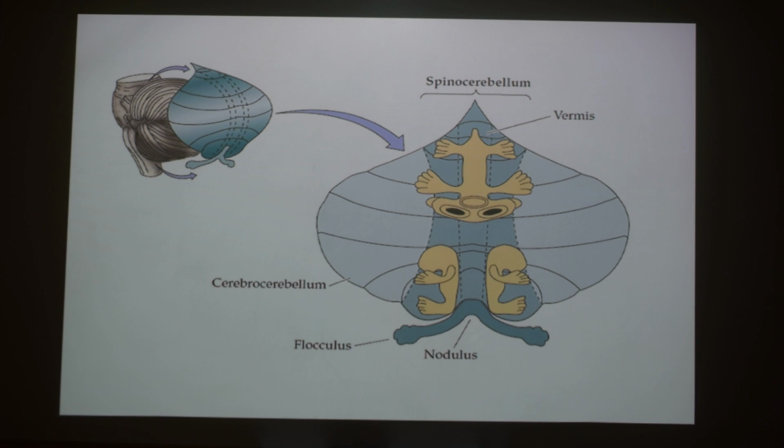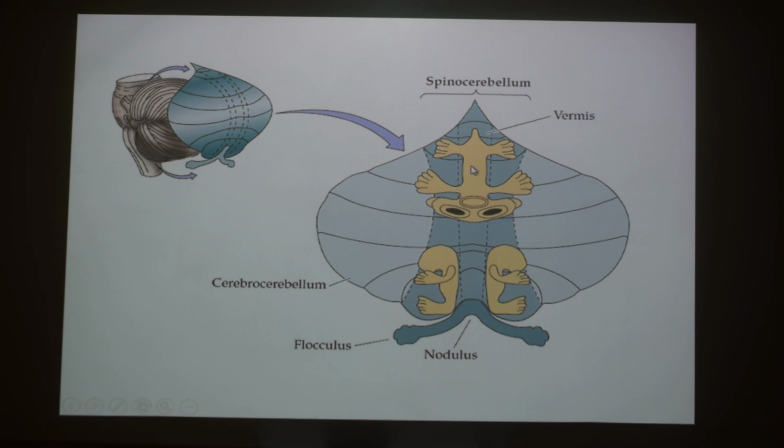You also have a homunculus, similar to the homunculus which you have for the cerebrum. There is a representation of the body. So this is the spinocerebellum, and you can see the anterior part of the cerebellum is the area where the lower limbs are represented, while the central piece is representing the head and the trunk, while the lateral portions of the spinocerebellum are representing the limbs.